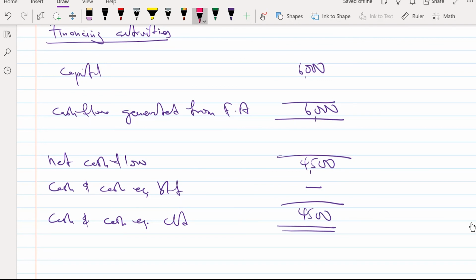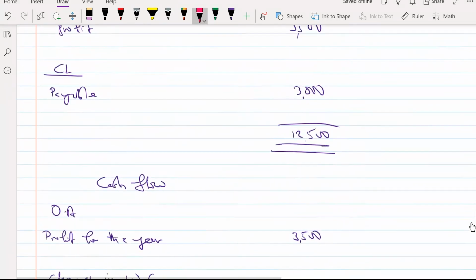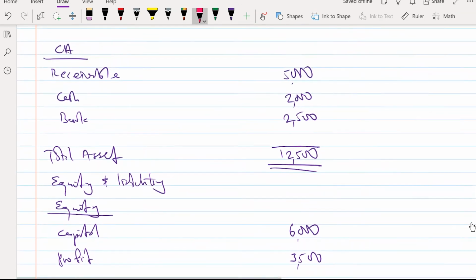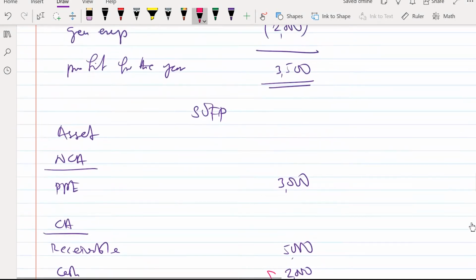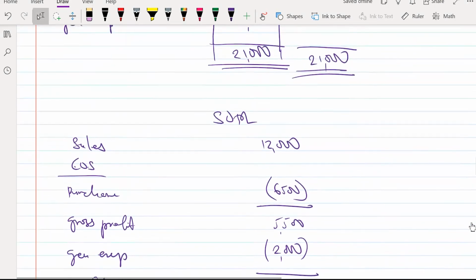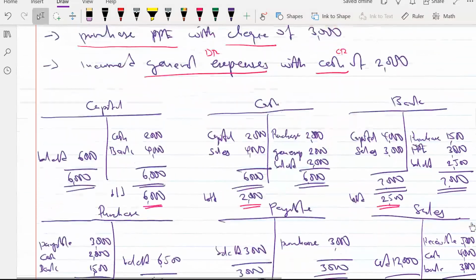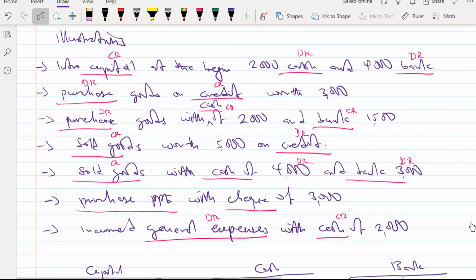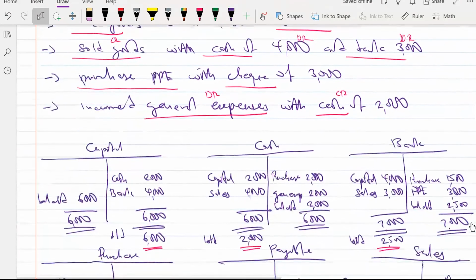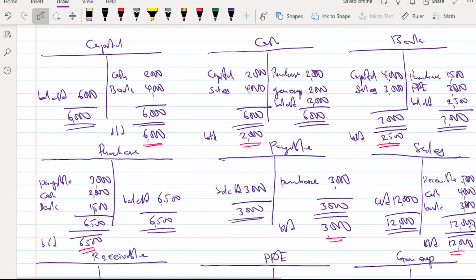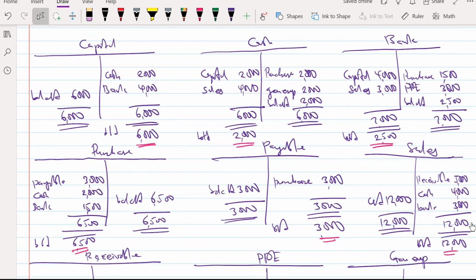Of course, this figure is the bank and cash we have, which is 2,500 plus 2,000, and that's what gives us this figure we have here in our balance sheet, or statement of financial position. So you could see, if I come back to the beginning, from this information we were able to get to the final account. From the source documents, we're able to open the necessary ledger accounts that affect the business.